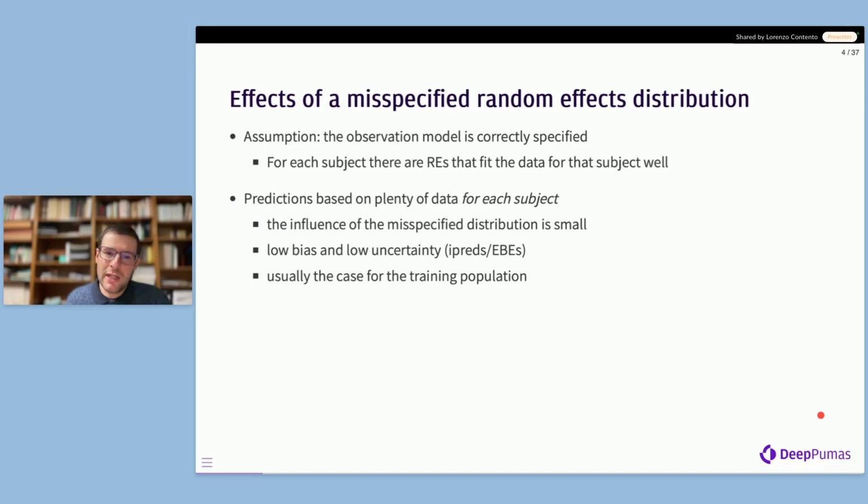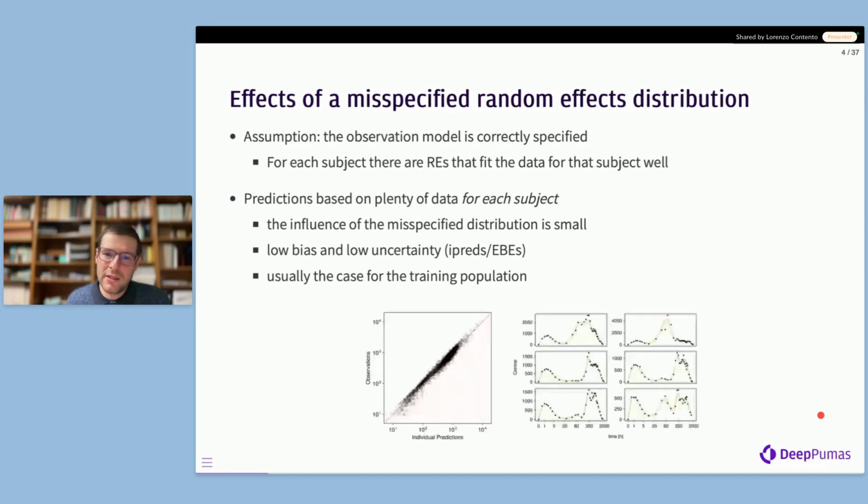And a way to check whether this is actually true is just by using the usual fit plots, or just looking at individual predictions for each subject and seeing if we can match the observed data very well. So if this is true, then we have also in a way checked that for each subject there exist random effects that fit the data quite well.